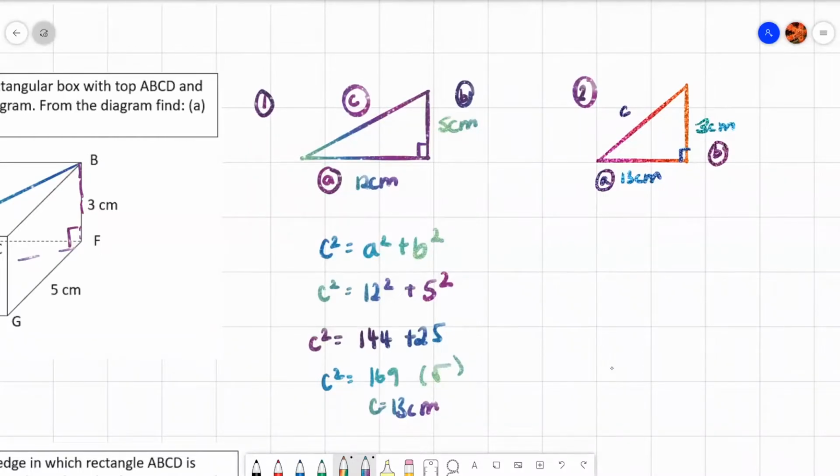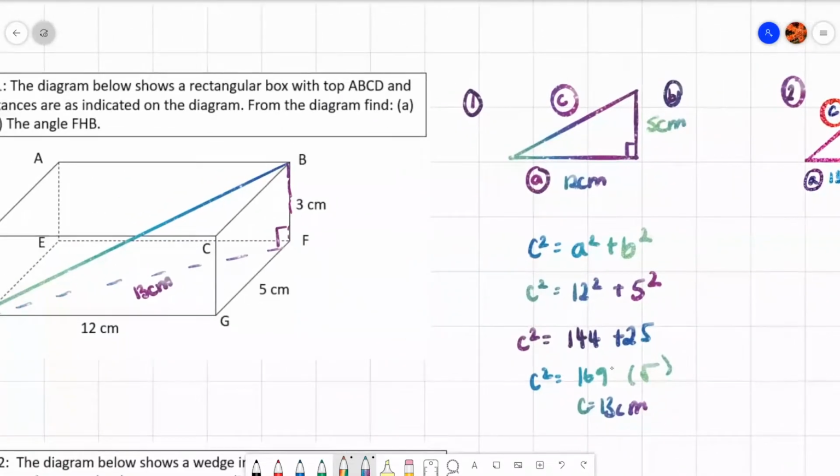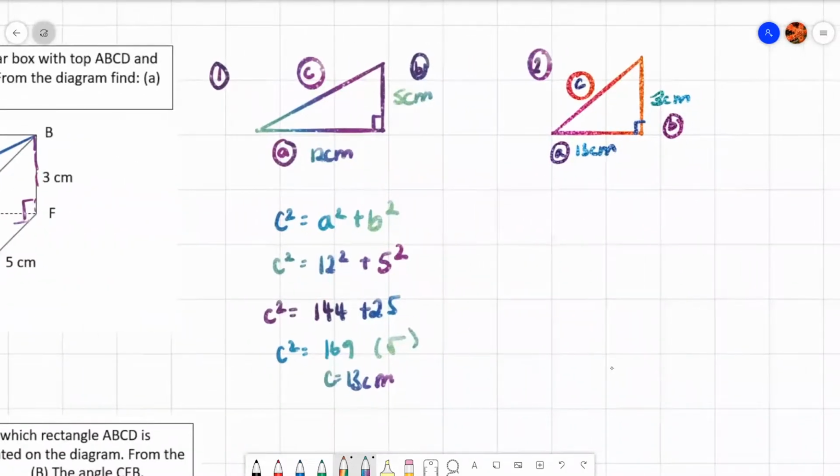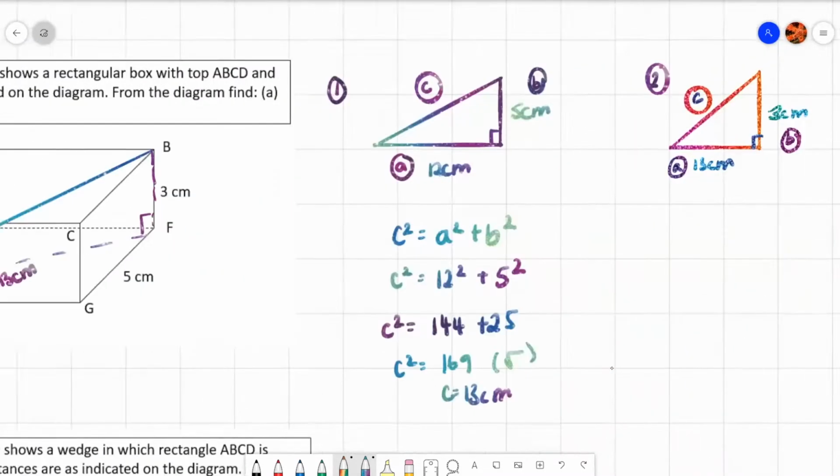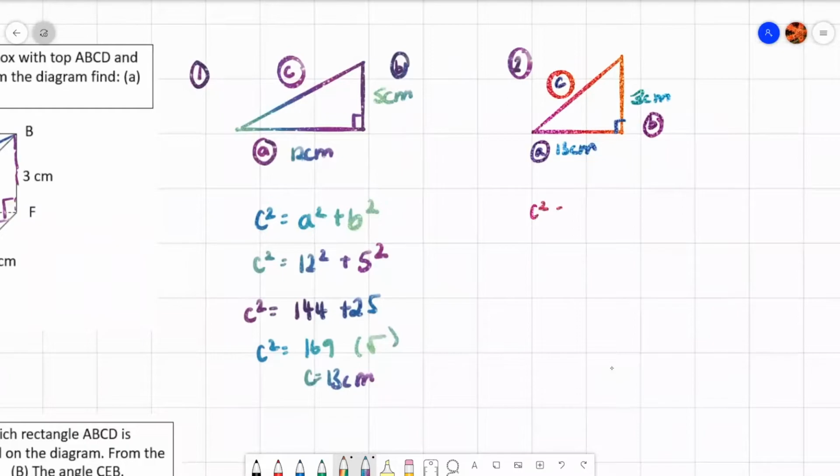Now you might be thinking this topic is 3D trigonometry. So why are we using Pythagoras? Well, you need to use Pythagoras in 3D trigonometry. When you're working out the angle, you use trigonometry, but you need Pythagoras to work out certain lengths before you can actually go on to use trigonometry. So I want that side there because that's 3, that's 13, and I want the diagonal. So I've got C squared equals 13 squared plus 3 squared.